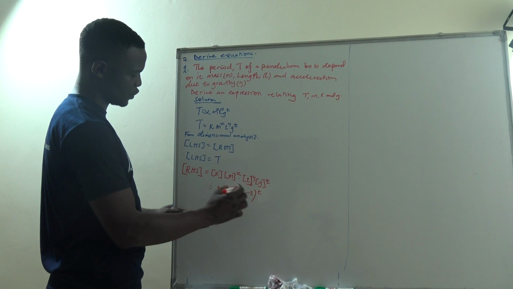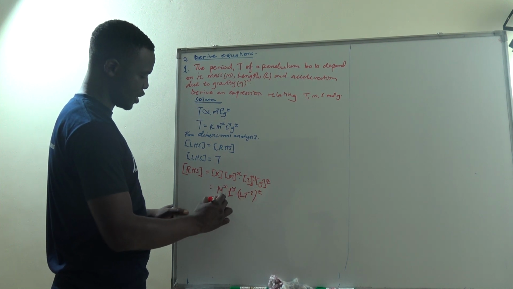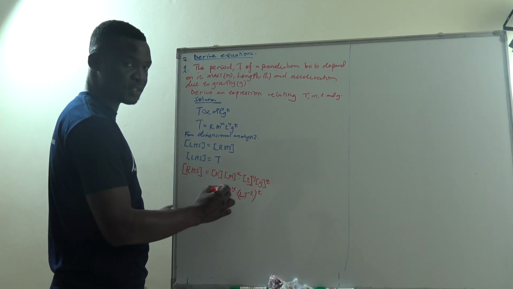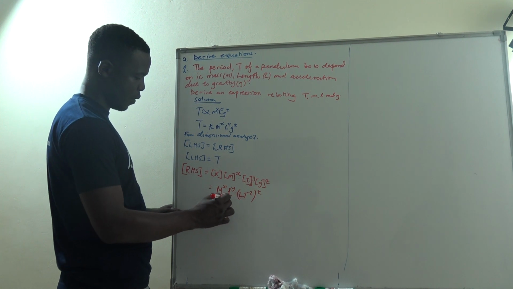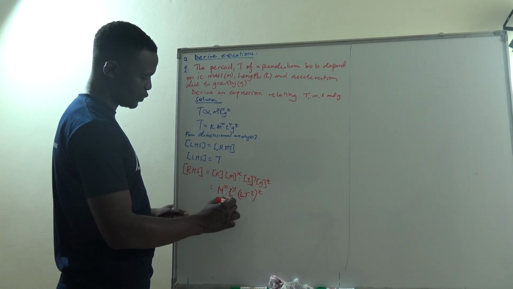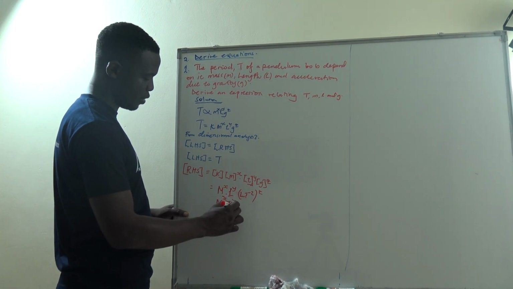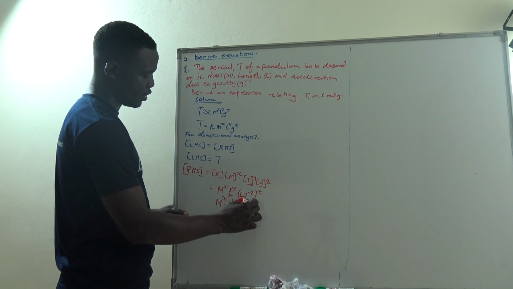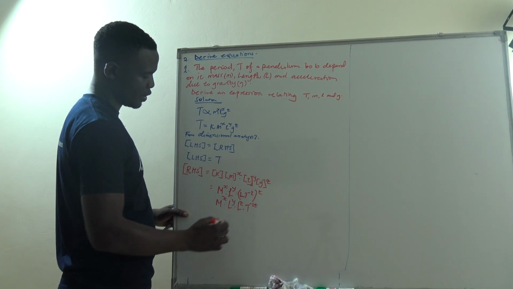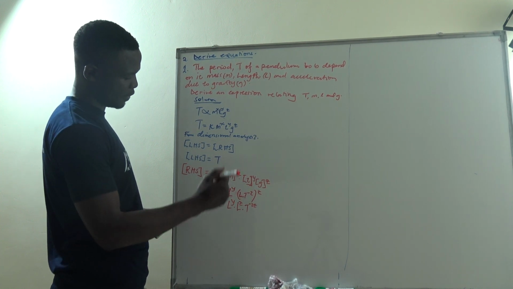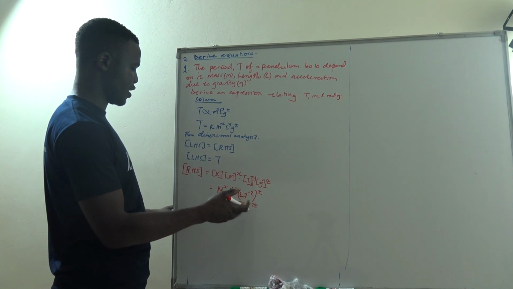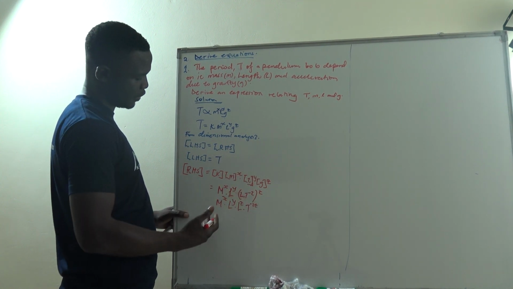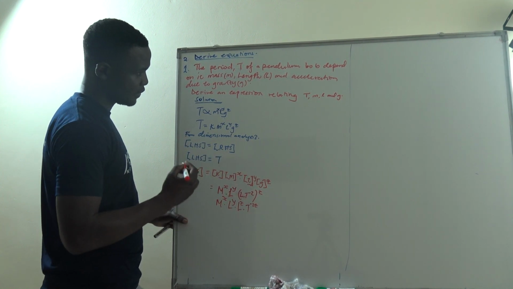So let's open this bracket. When we reach here, we realize that this is M power x times L power y times L power z times T power negative 2z. These are the dimensions on the right-hand side.